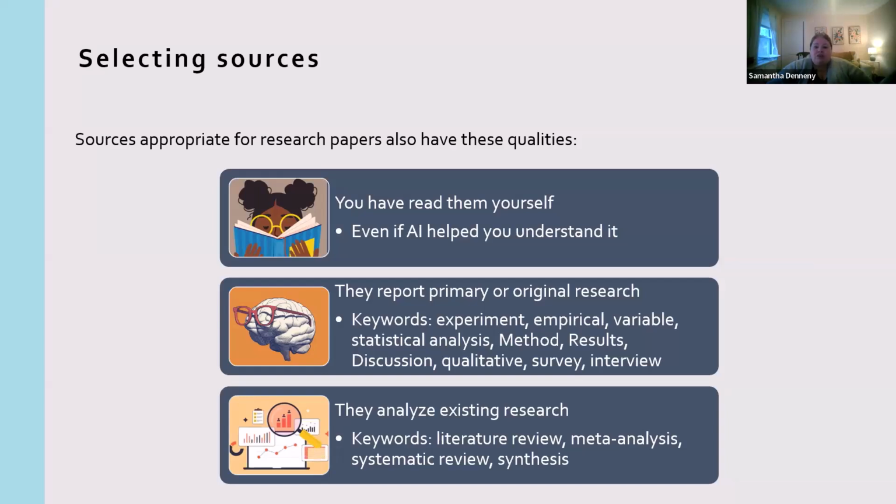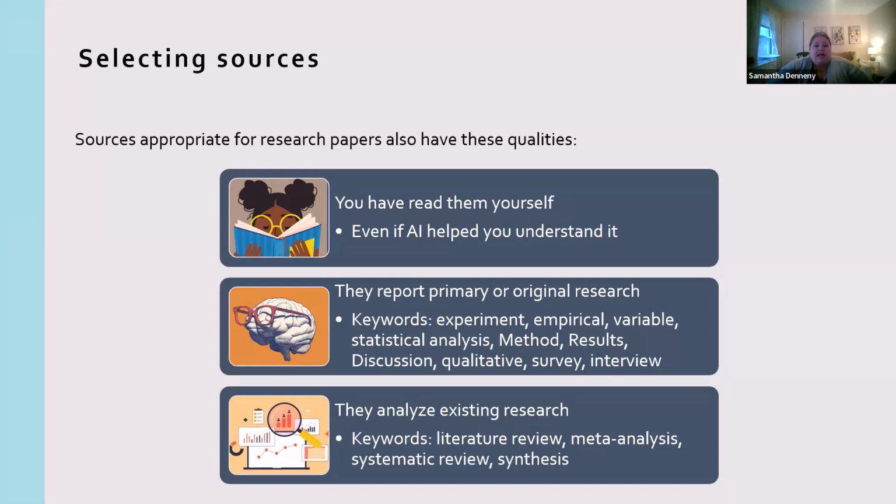You should also look for research that supports primary or original research. Some keywords to look for there are words like experiment, empirical, variable, statistical analysis, methods, results, and discussion, qualitative, survey, interview. If you have students look for these keywords, it can help them separate actual research reports from popular media reports about research, such as those you would see in popular magazines or newspapers.